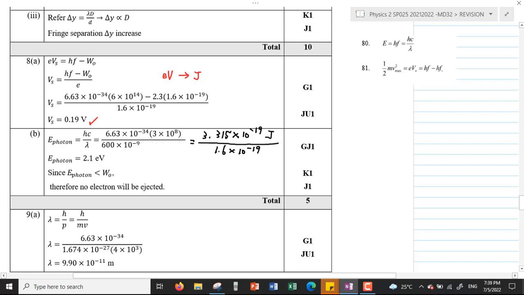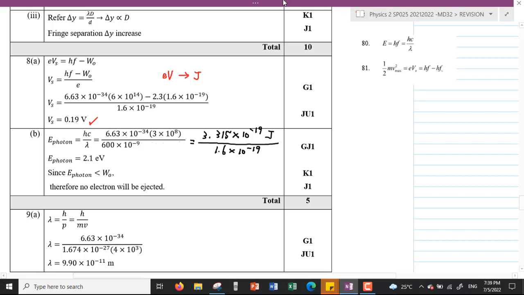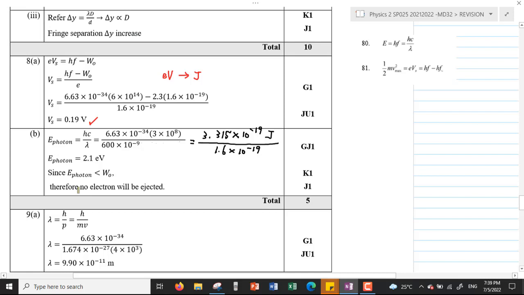So since the energy of the incoming light photon is less than the value of work function, there will be no electron ejected. Why? Because the energy of the photon is only 2.1 eV, but the work function given in this question for sodium is 2.3 eV.